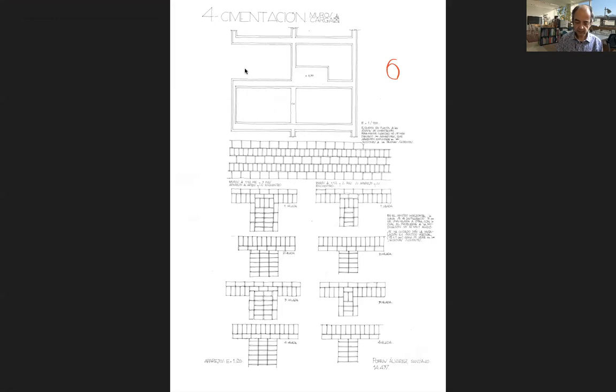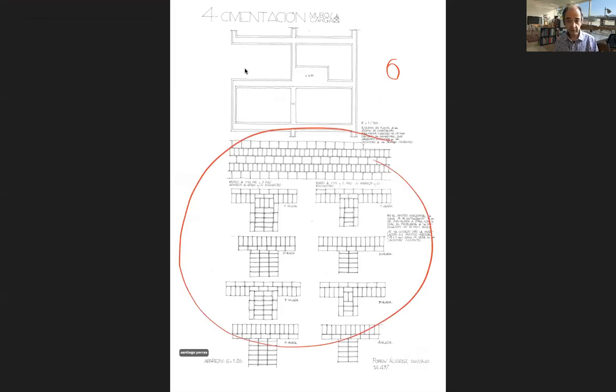Here is all the study of those Adobe pieces. So Adobe you make on site. And the first thing was deciding the size, which was just 20, 10, 15 centimeters. And then give the thickness for the general enclosure and the ground floor and upper floor load-bearing walls and the connections, how they worked.